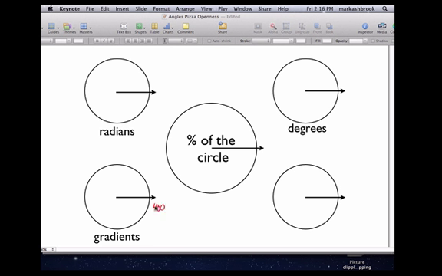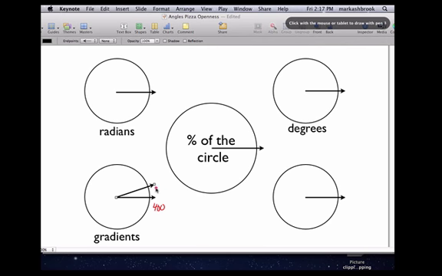Okay, so let's do 17 gradients. I want you to find how many degrees 17 gradients corresponds to. Go. And then we'll do our quiz. And radians for that matter too.